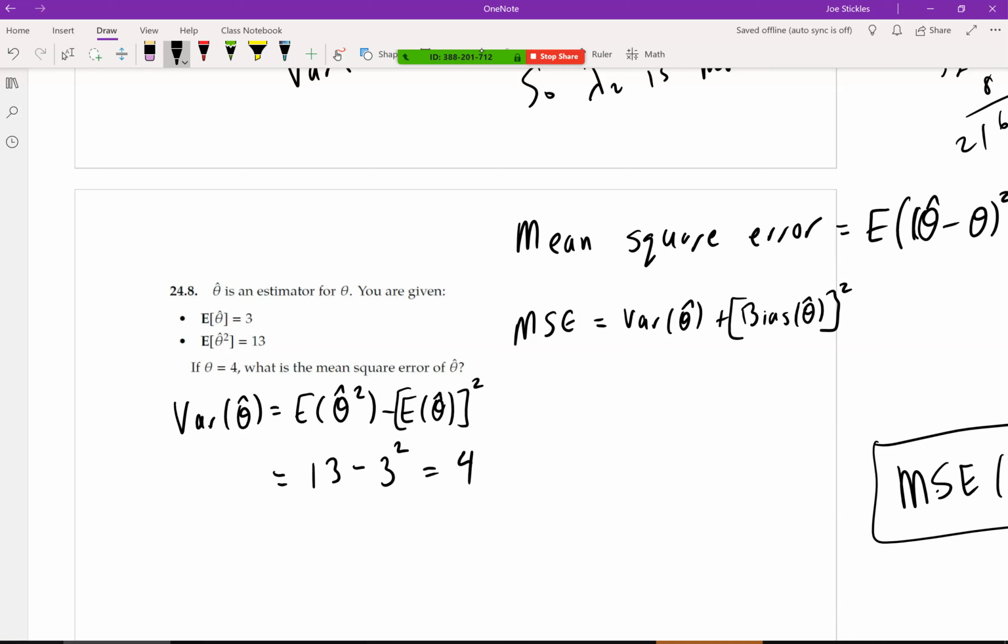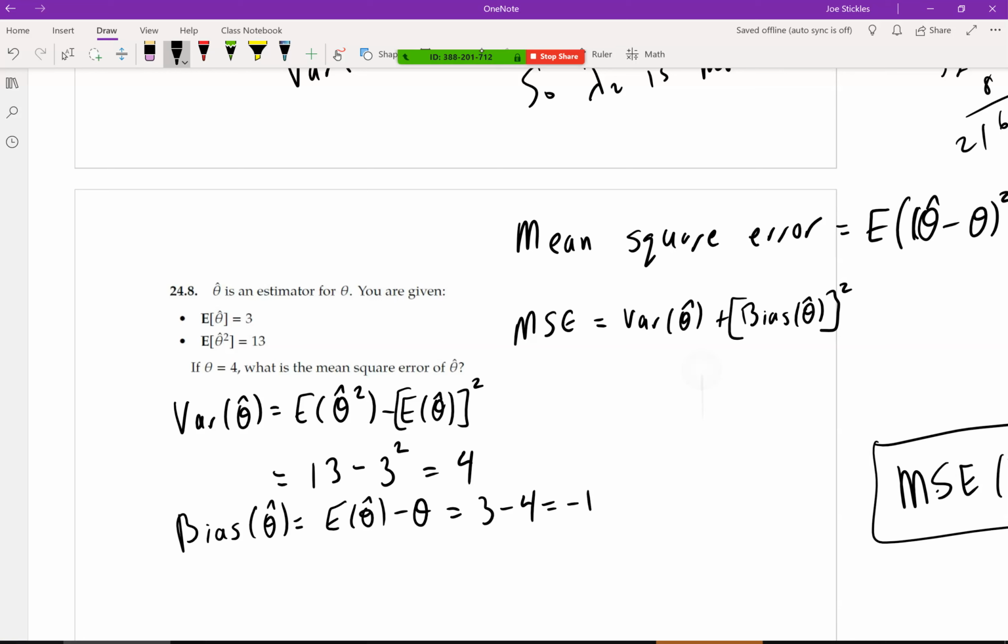We also have enough information for the bias. Remember, the bias is defined as the expected value of theta hat minus theta. So we get -1 in this case.